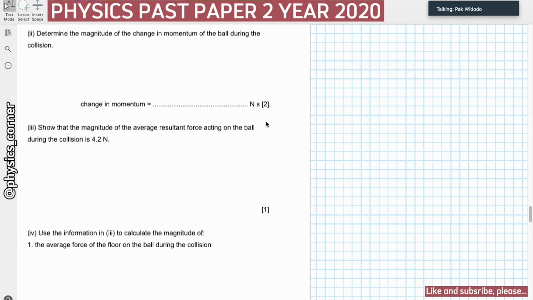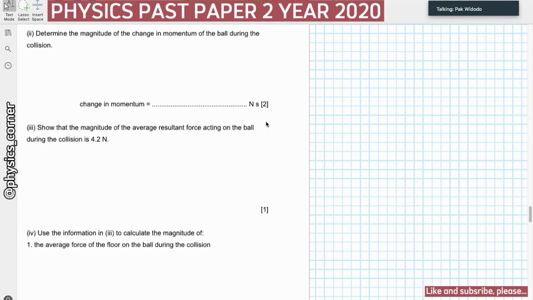Determine the magnitude of the change in momentum of the ball during collision.